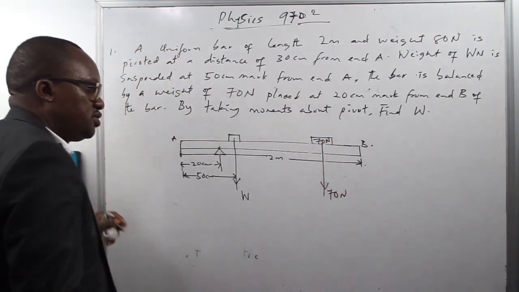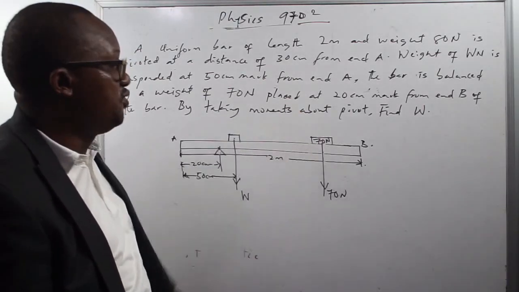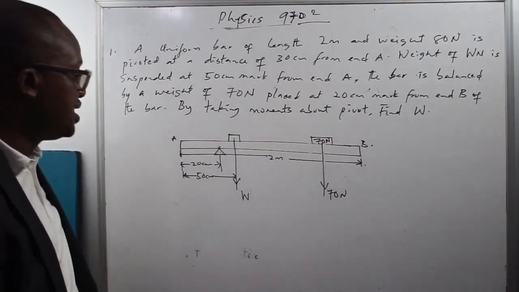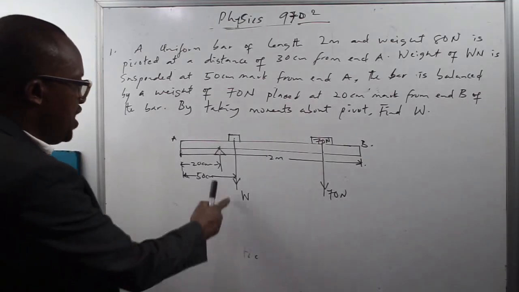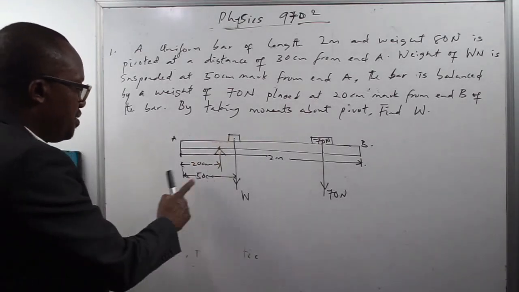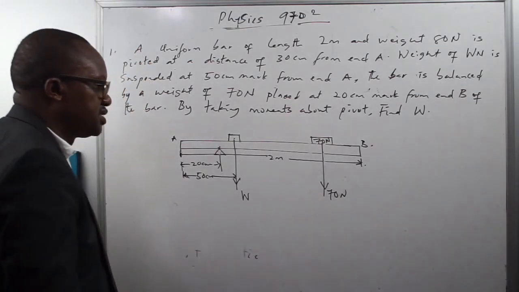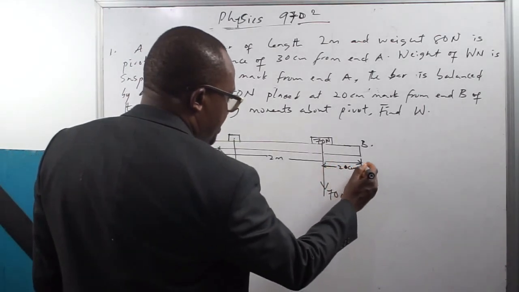Whenever you have a force, it is a vector quantity. It will have both magnitude and direction. So we have represented the weight that is placed 50 centimeters from NA. We have also represented the weight of 70 newtons placed 20 centimeters from NB.